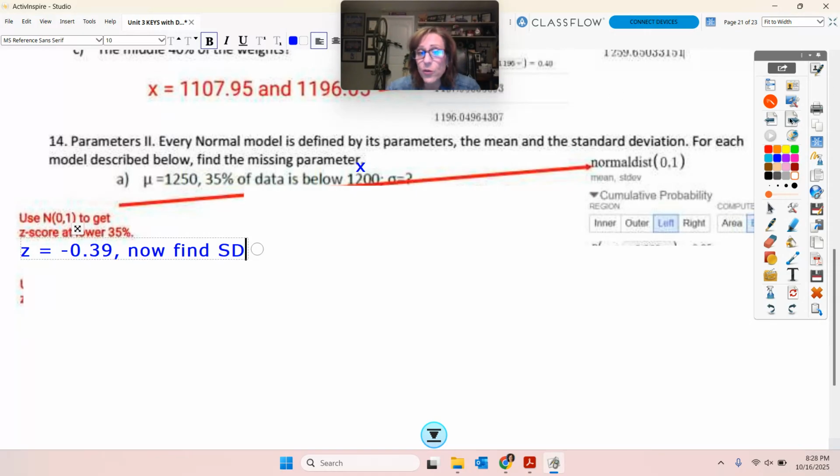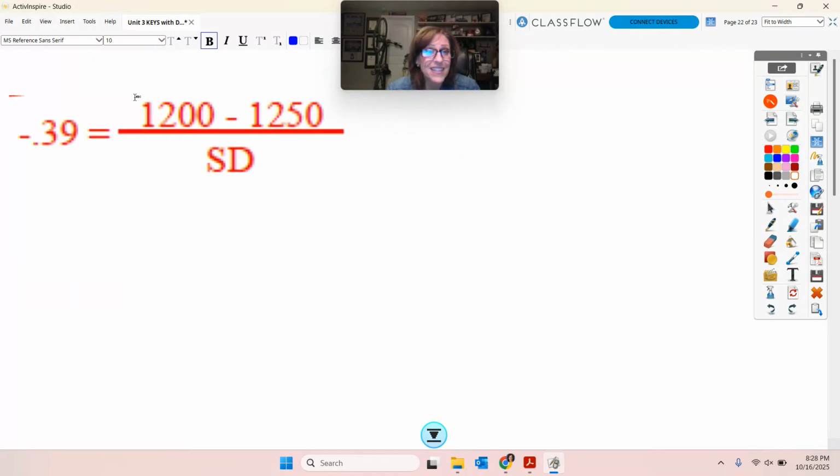So I'm going to put all of those three things in the z-score formula like this. Look here what I have. Z equals, there's my x, and then here's my mean, and then here, of course, is the z that I just got, and then I'm going to solve for this standard deviation.